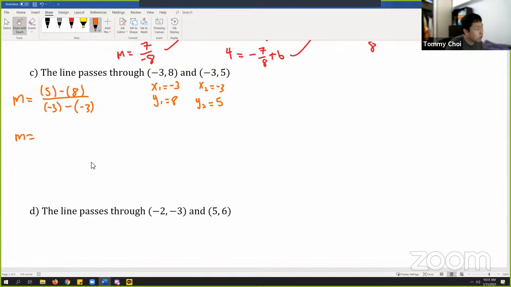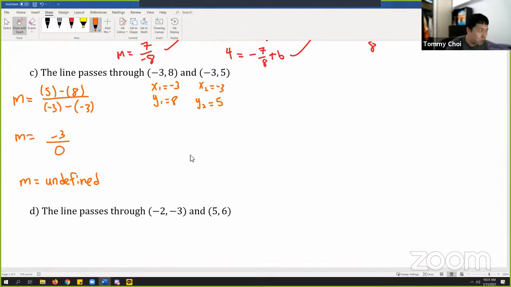This will give us 5 minus 8 on top, which is negative 3. Negative 3 minus negative 3 is going to be 0, but we can't divide by 0. So what's the actual slope for this? Undefined. This is an undefined slope.